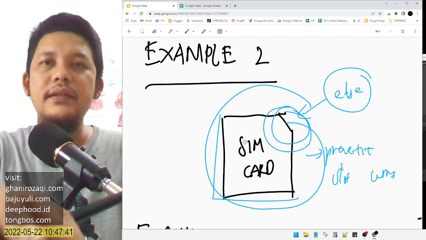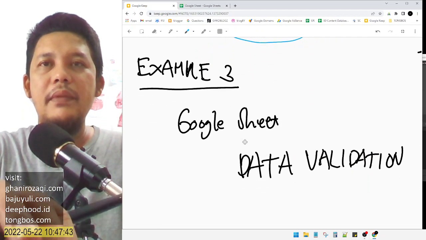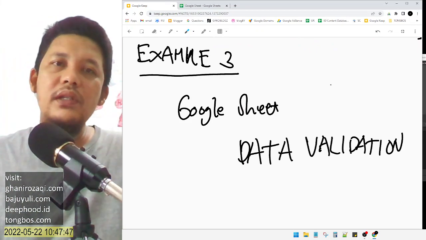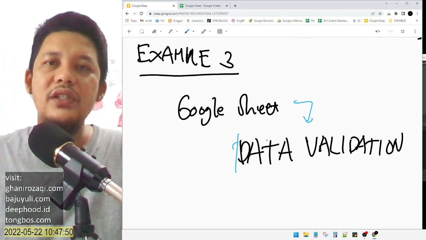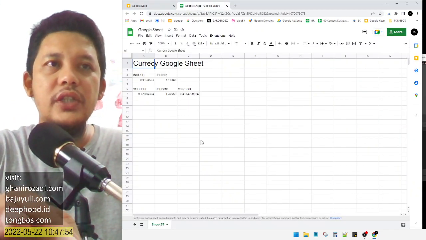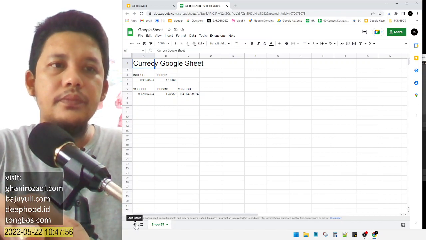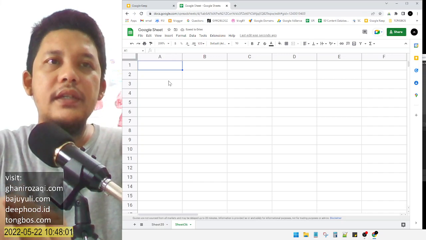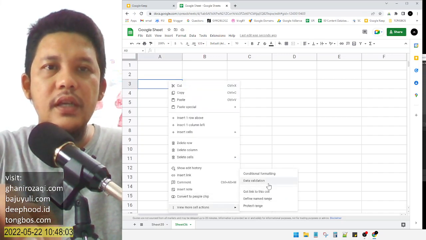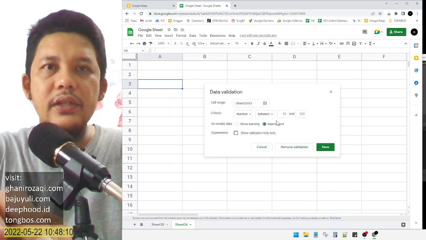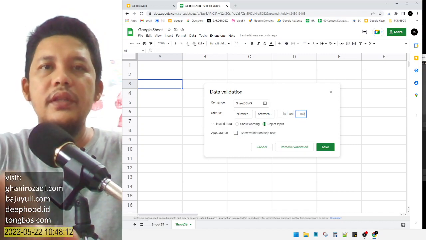And then the last one, my own experience, is about Google Sheets, which has this data validation. If you never knew, I will tell you like this. You open the Google Sheet, and if I zoom it to 100%, I can right click, and then I can find this data validation, and here you can see criteria. For example, I will put numbers, and reject input, for example, between 0 and 10.